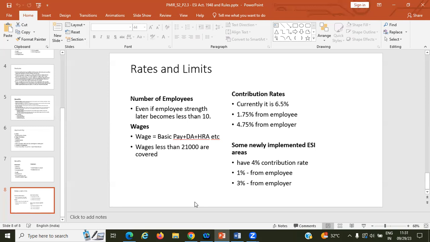In some newly implemented areas, it is declared as 4% contribution: 1% from the employee, 3% from the employer. But generally it is 6.5%, 1.75 from the employee, 4.75 from the employer. So remember this.